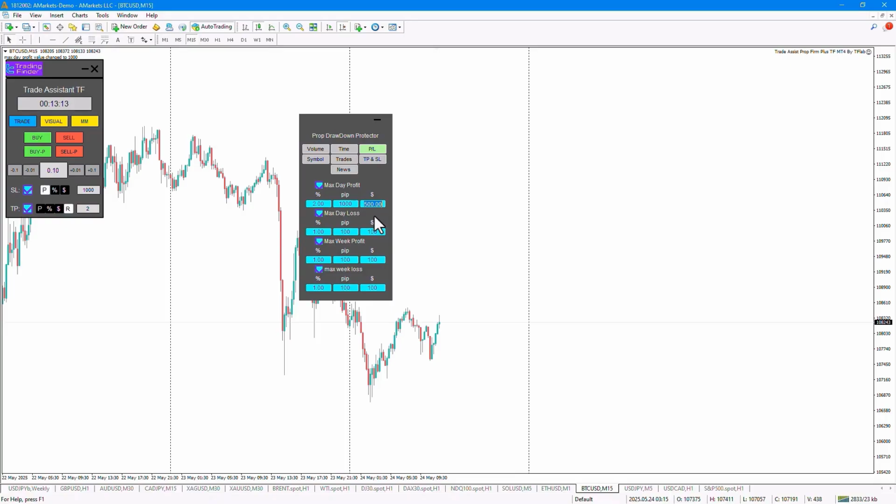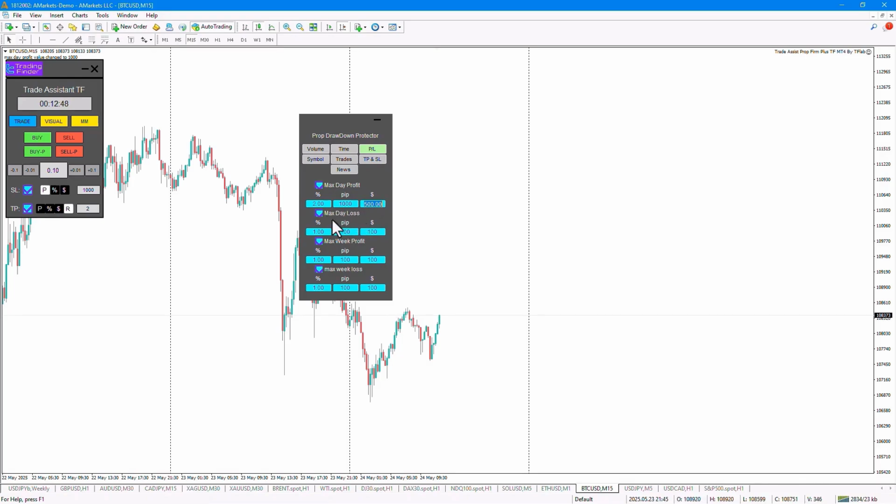This means that if on a trading day I want to make more than 2% profit, the expert advisor won't allow it, and I can make a maximum of 2% profit. I can make up to 1,000 pips in profit, or at most, I am allowed to earn $500 in profit.